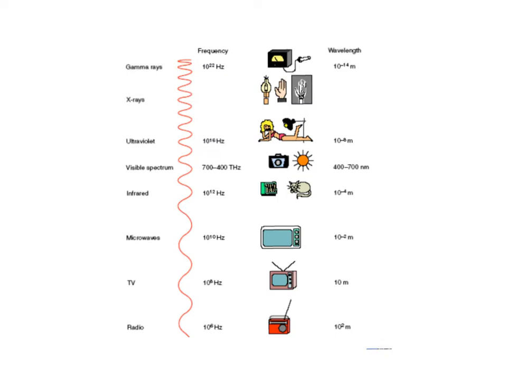Now the electromagnetic spectrum is also a wide range of wavelengths and frequencies that range from the extremely small wavelengths to the extremely huge wavelengths. And it's a continuous spectrum, so we have an infinite amount of frequencies and wavelengths in this particular spectrum.